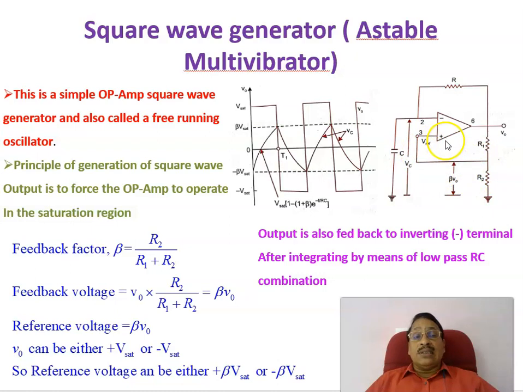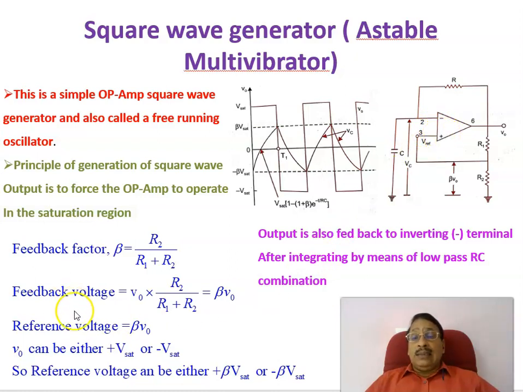This is the feedback voltage, beta V0, that is fed back to the non-inverting input.